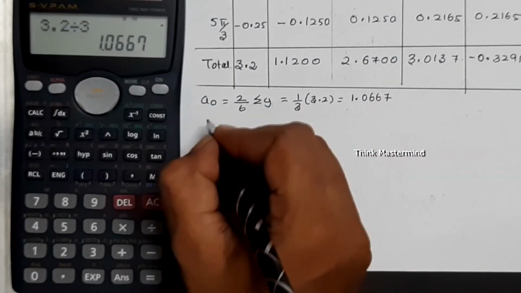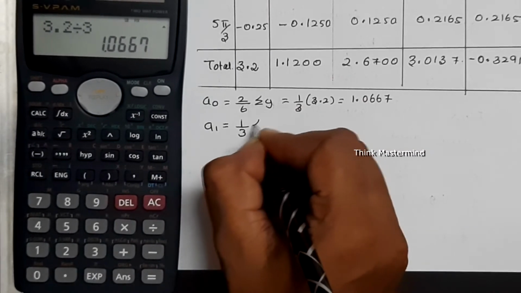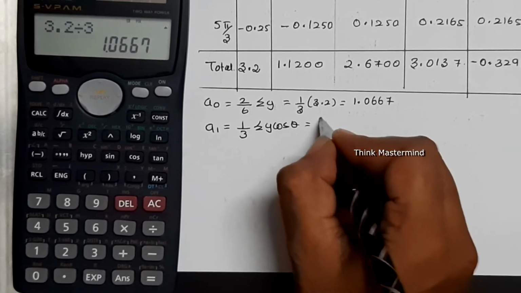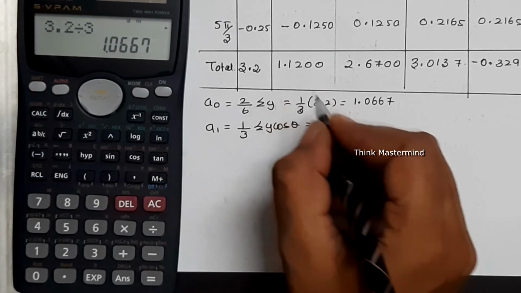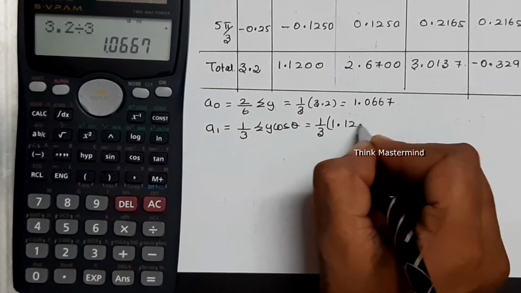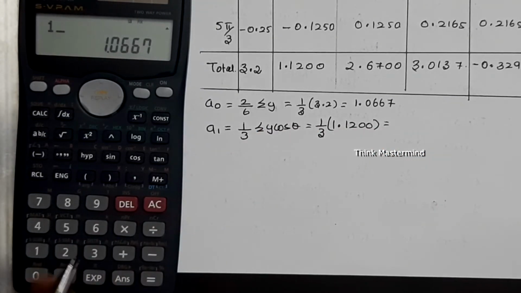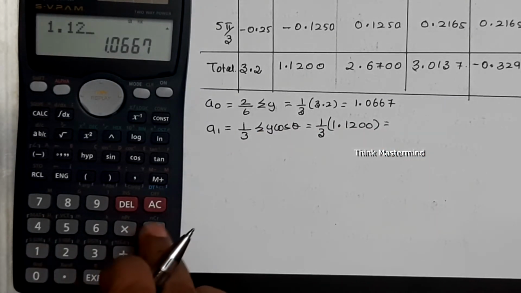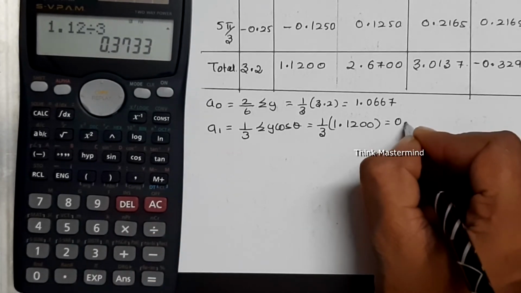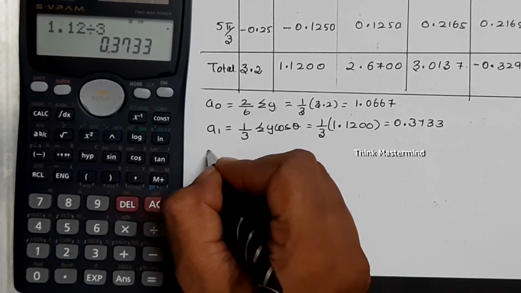Next A1 is 2 by 6, that is nothing but 1 by 3 summation y cos theta, that is equal to 1 by 3 times of summation of y cos theta is 1.1200, that is 1.12 divided by 3, that is equal to 0.3733.